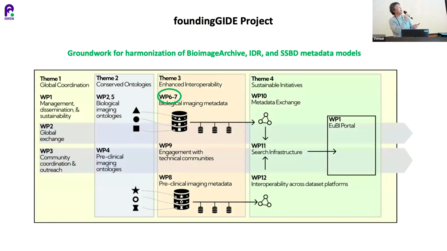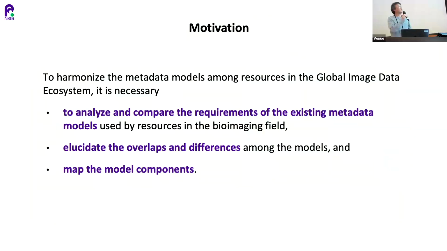We think about integrating the image data, and to do that we are now working on the groundwork. The work focuses on image type and accessibility, how to make metadata, and detailed analysis. The motivation is to harmonize the metadata model among the sources.